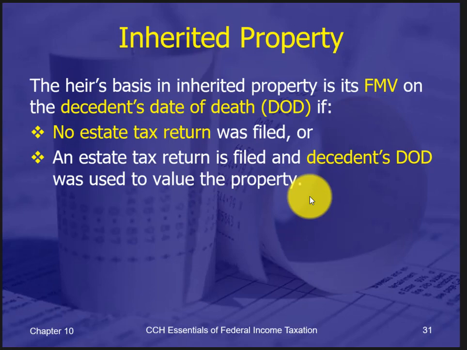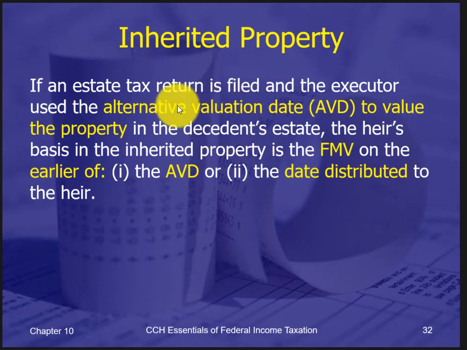Okay. No estate tax return filed, then it is the fair market value on the date of death. All right. Or if there is a tax return filed and they elect to have that. So if you file an estate tax return, you can choose an alternative valuation date, and that's 6 months later.